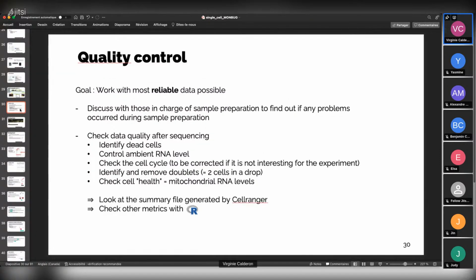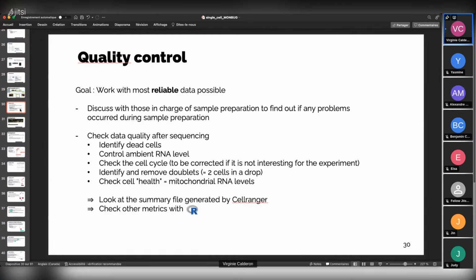For example, the cell cycle: maybe the cells are not synchronized. If it's something that is not interesting for the biological question, you can regress this information from the data to focus on other genes than the genes involved in the cell cycle.